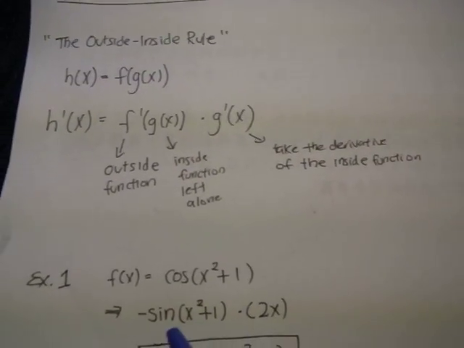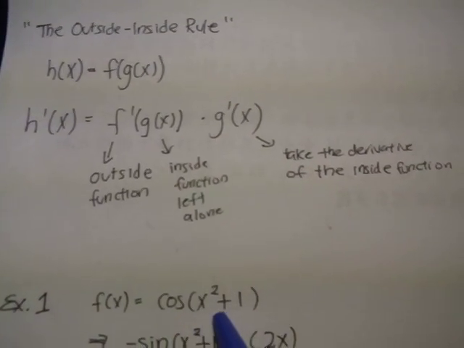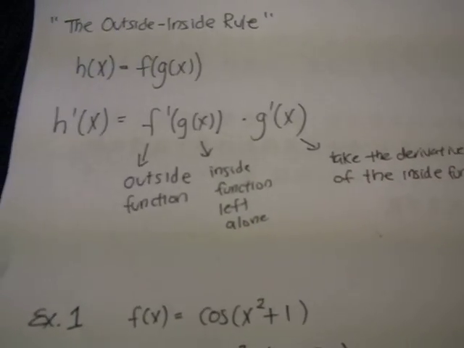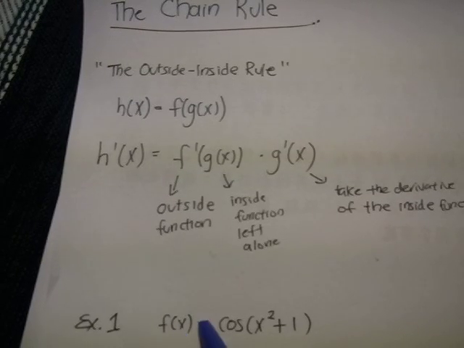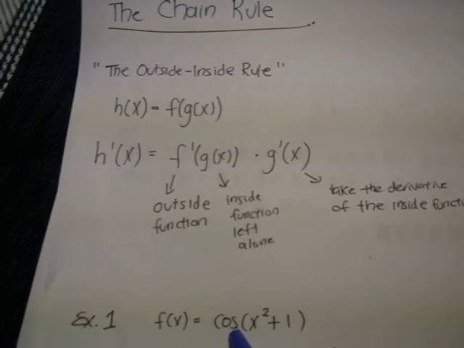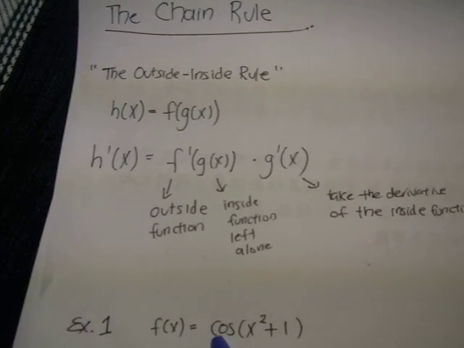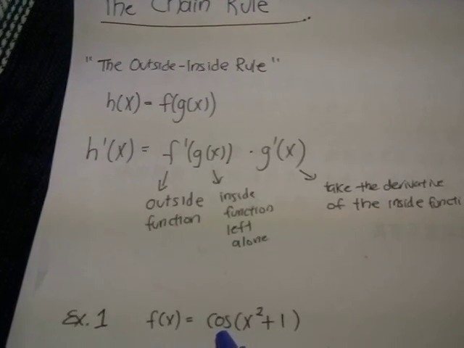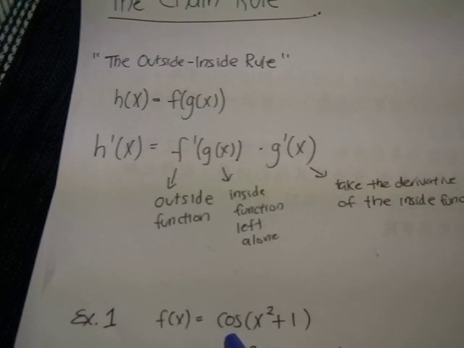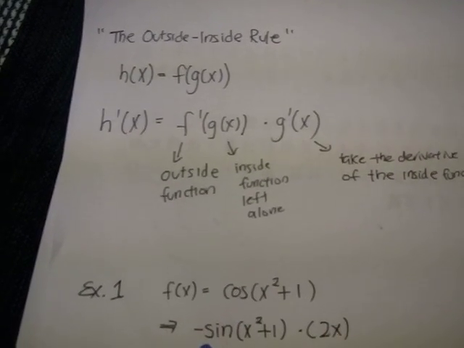Say we have to find the derivative of cosine of x squared plus 1. According to the outside-inside rule, what you have to do first is to find the derivative of the outside function, which here is cosine. The derivative of cosine is, as we know, negative sine.